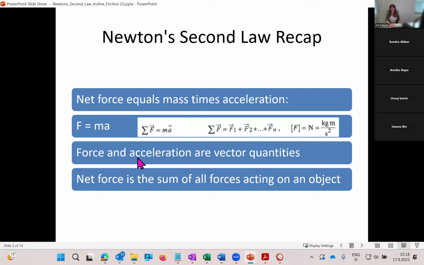Force and acceleration are vector quantities. Net force is the sum of all forces acting on an object in that certain direction. All the forces that act in whatever directions, you can't calculate them together like that. You have to put them into components. Did you do that in the physics?